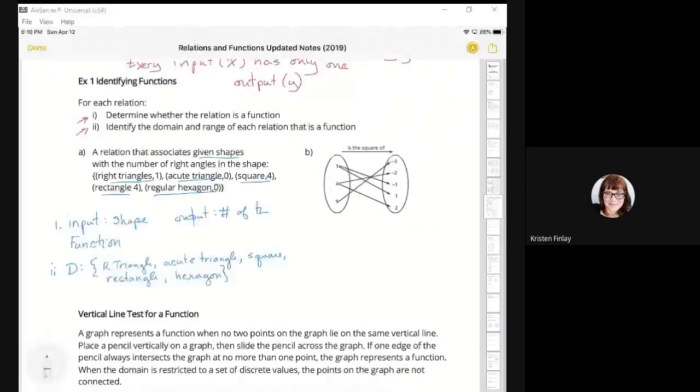Okay, my range would be the number of right angles. So I have as options, I either have 0, 1, or 4, and no 2s, no 3s.